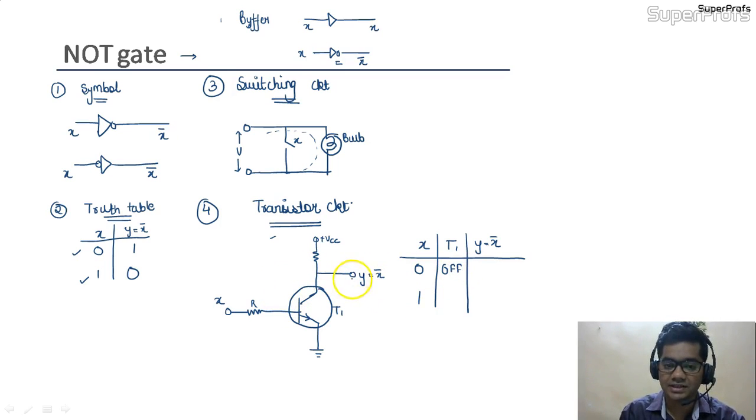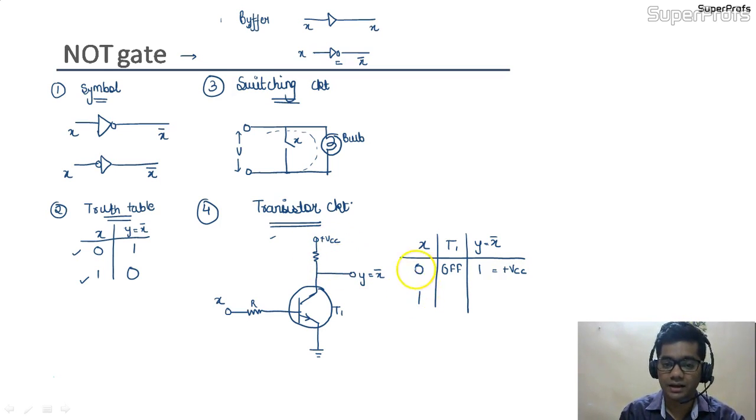As the transistor is off, there would be no flow of current through the collector towards the emitter. So there would be no voltage drop in this resistor, due to which this voltage would appear at this point Y, and we can say the output would be logic 1, that is plus VCC. See, this is so much simple in nature.